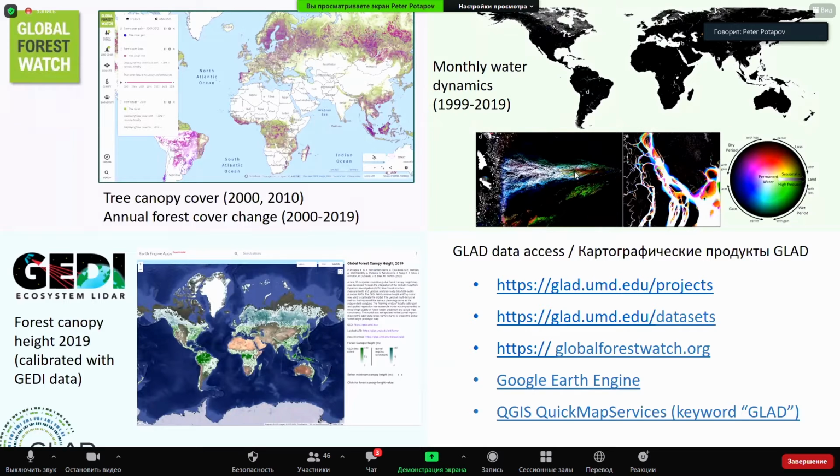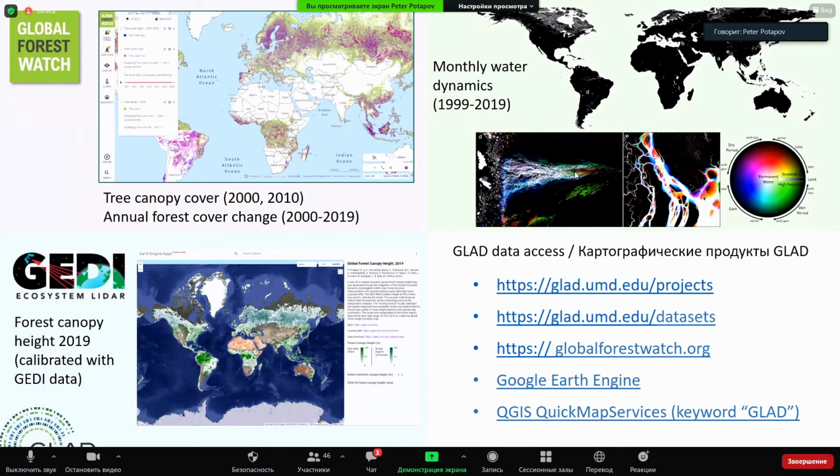Just to give you an example, together with the Institute of Forest Resources and the Global Forest Watch, we produced maps that we update every year that show you tree canopy cover and forest cover change. There is another product which is updated daily and which focuses on tropical forest.